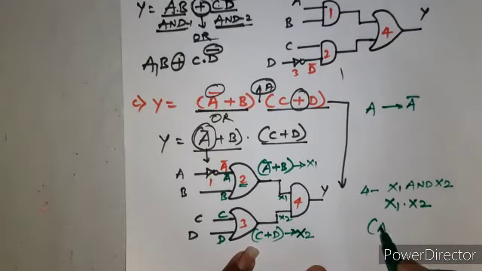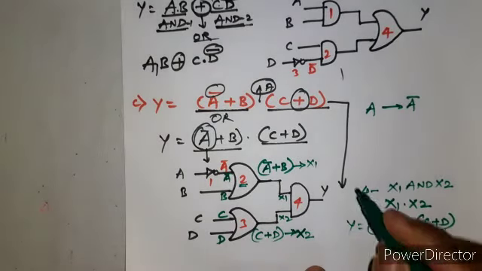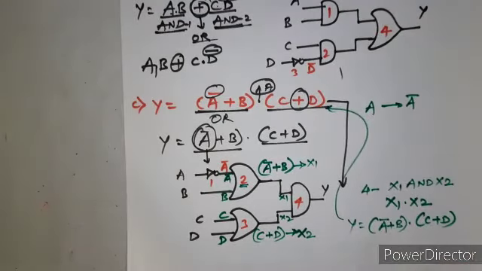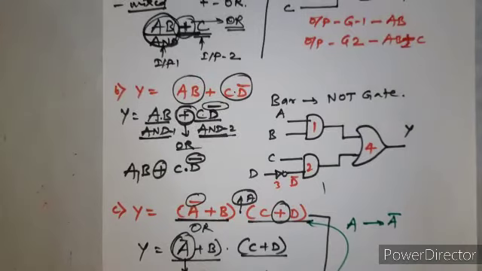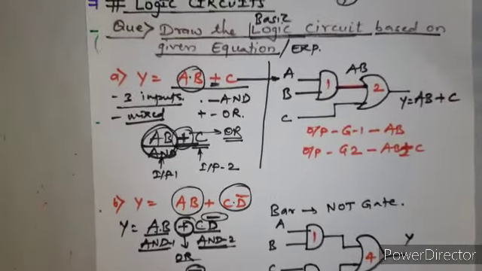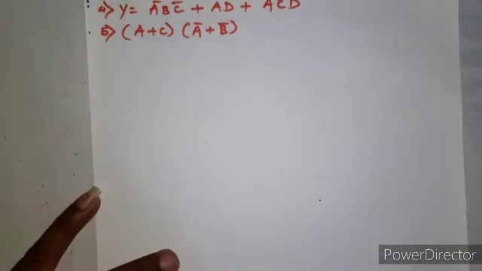It is A bar plus B, this dot here, and what is the value of x2? C plus D. This is y equal to, right? That is what the given equation is. This way also you can try to find the equation of the given circuit diagram. I hope it is clear to you.